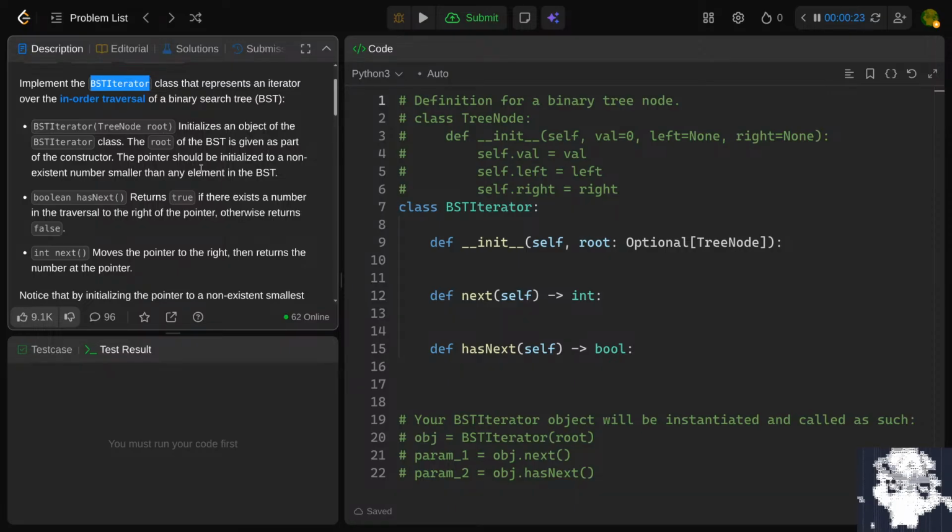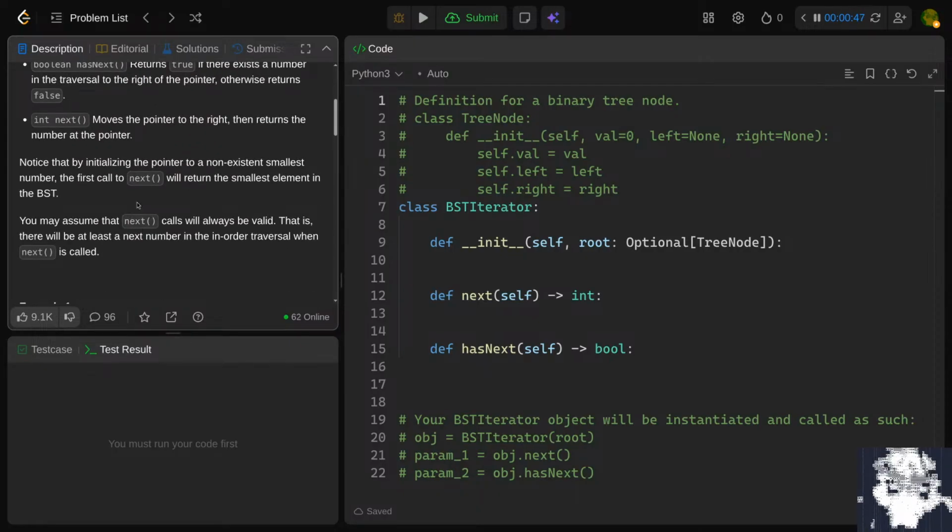The root of the BST is given as part of the constructor. The pointer should be initialized to a non-existent number smaller than any element in the BST. boolean hasNext() returns true if there exists a number in the traversal to the right of the pointer, otherwise returns false. int next() moves the pointer to the right, then returns the number at the pointer.